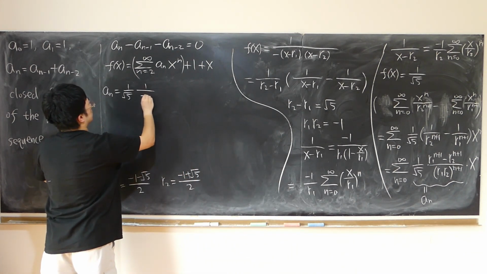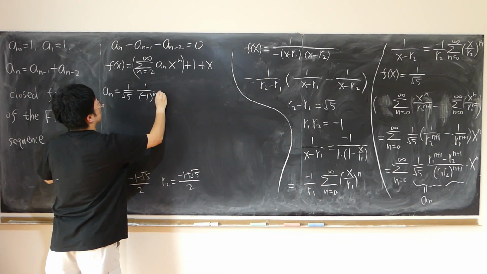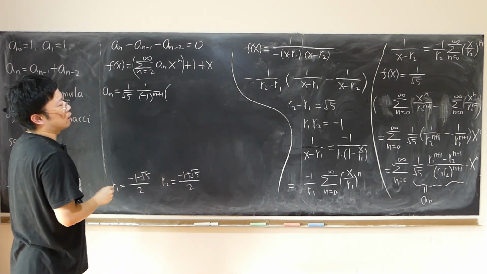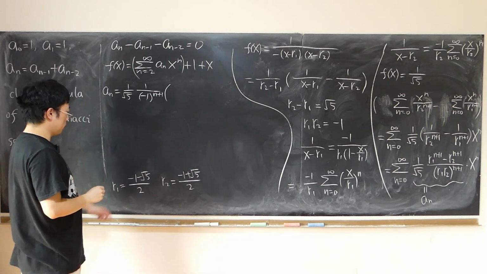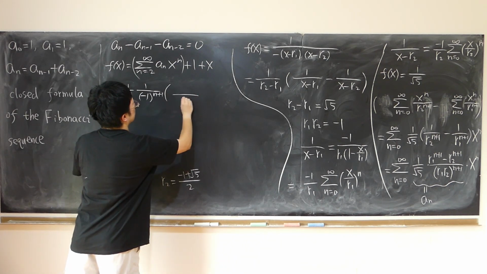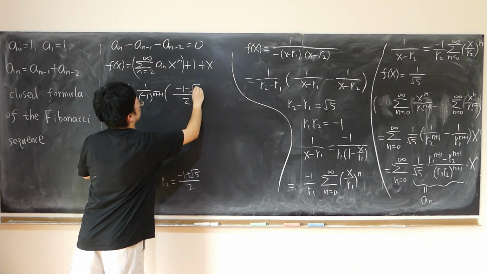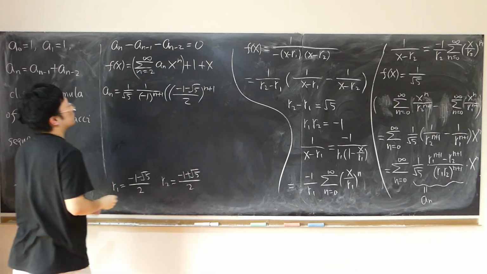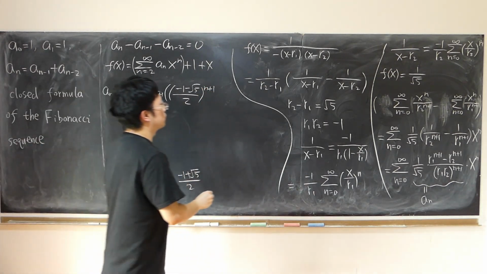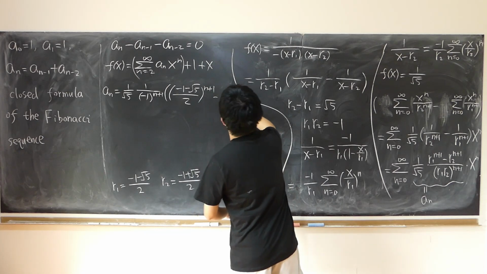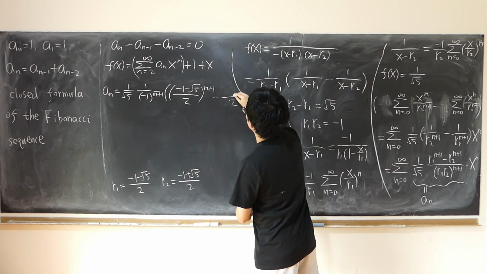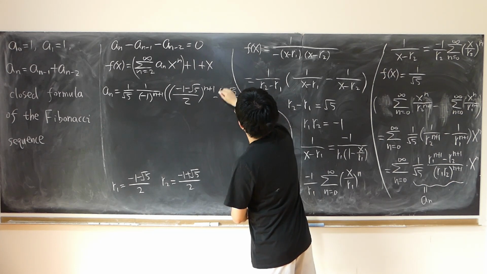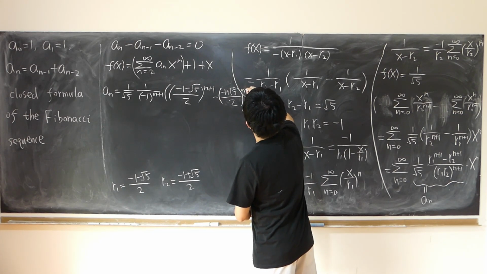So 1 over negative 1 to the power of n plus 1, multiplied by bracket r1 to the n plus 1, r1 is half of negative 1 minus the square root of 5, to n plus 1, minus r2, half of negative 1 plus square root of 5 to the n plus 1.